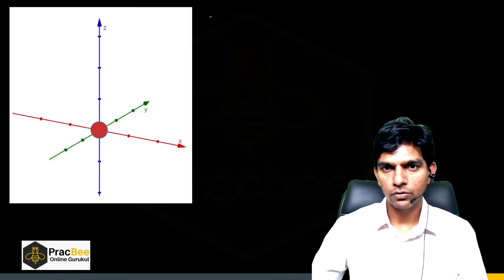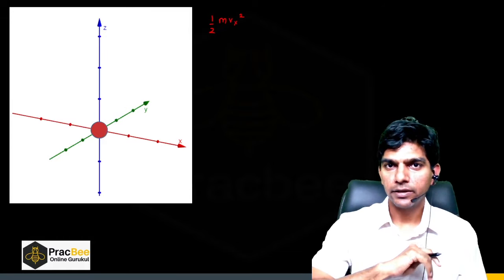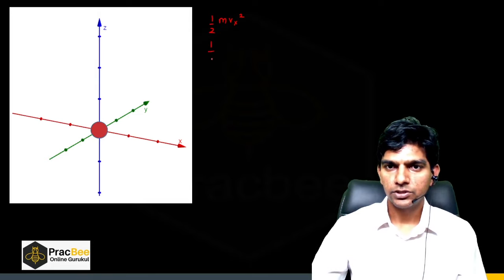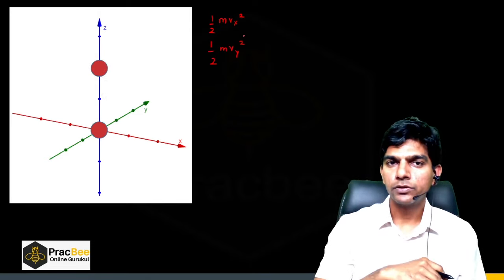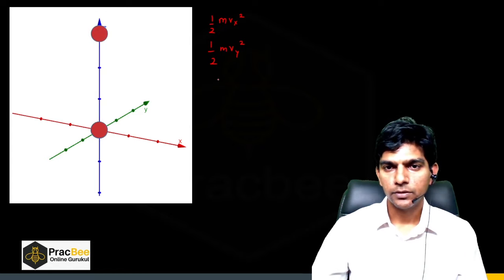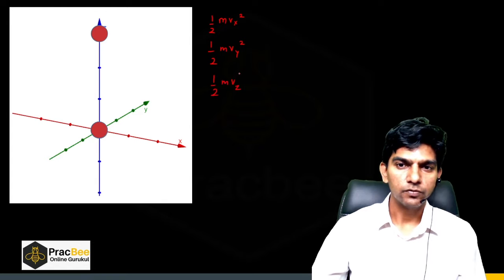So I can call it half m v x square. Now this molecule can also move along the y direction, so it can have a kinetic energy half m v y square. Now this molecule can also move in the z direction, so it can have a kinetic energy in the z direction, that is half m v z square. Right?